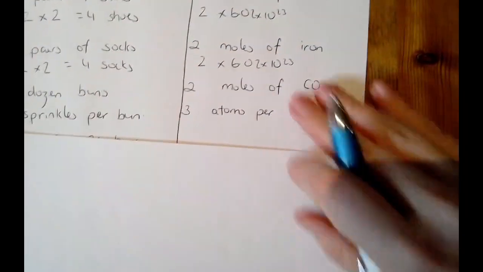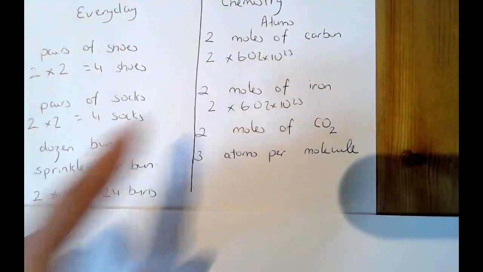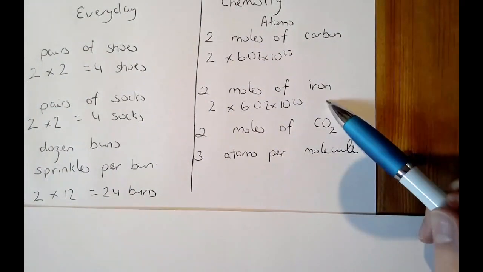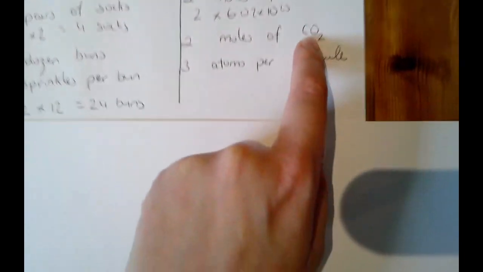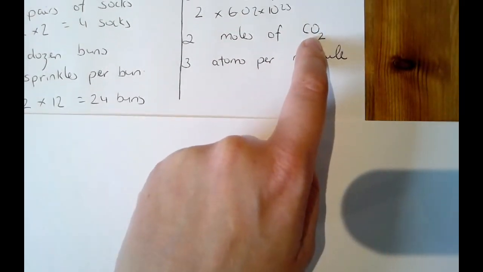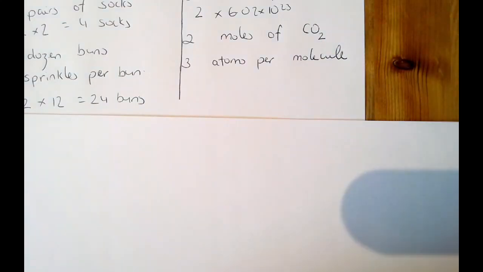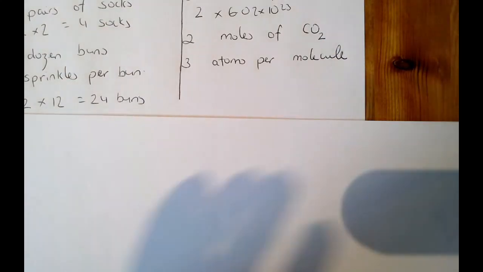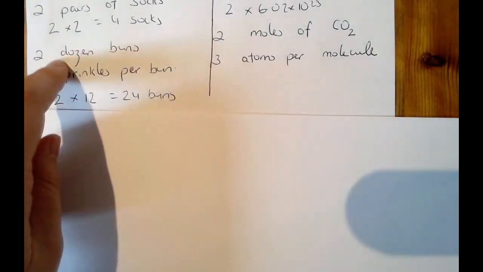If we come over here and look at a chemistry example, in the first few examples, I've given you just elements, so carbon and iron, and they're directly made of atoms. But when I give you CO2, CO2 itself is a molecule. So you've got 2 moles of CO2. The first thing you need to work out is how many individual molecules of CO2 you had, okay? Just like you worked out how many individual buns you had in 2 dozen buns.